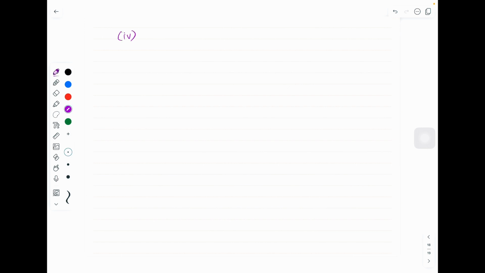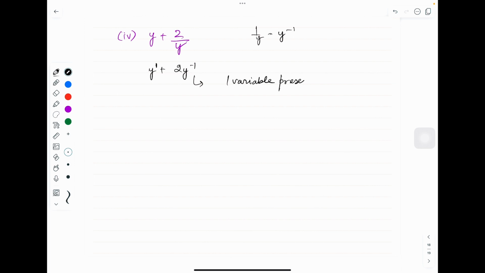Okay. Fourth question is y plus 2 by y. See, 1 by y can be written as y to the power minus 1. I have already told you. This is y to the power 1. This is 2 into y to the power minus 1. One variable present. This part is okay. Second part, exponents.